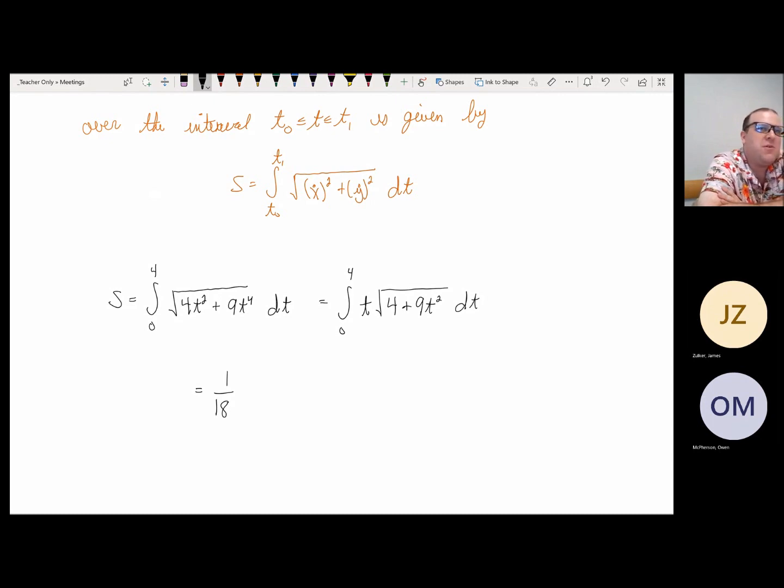So I'm going to wind up multiplying by 1/18. One divided by 3/2. Then our function to the 3/2 power, evaluated from 0 to 4.